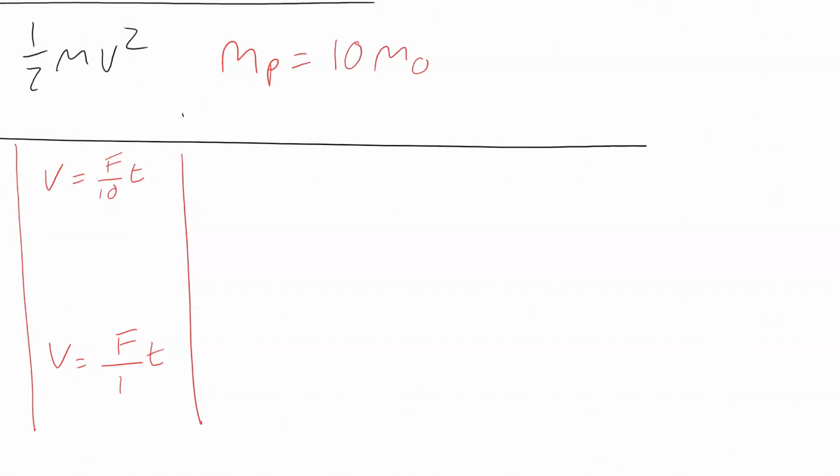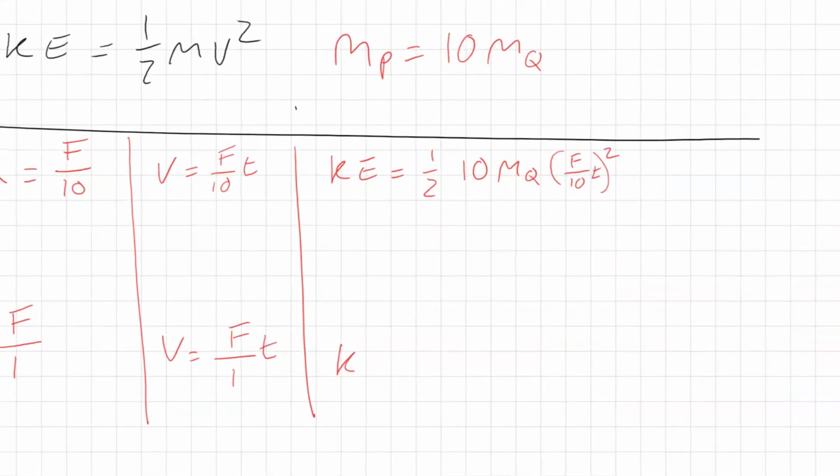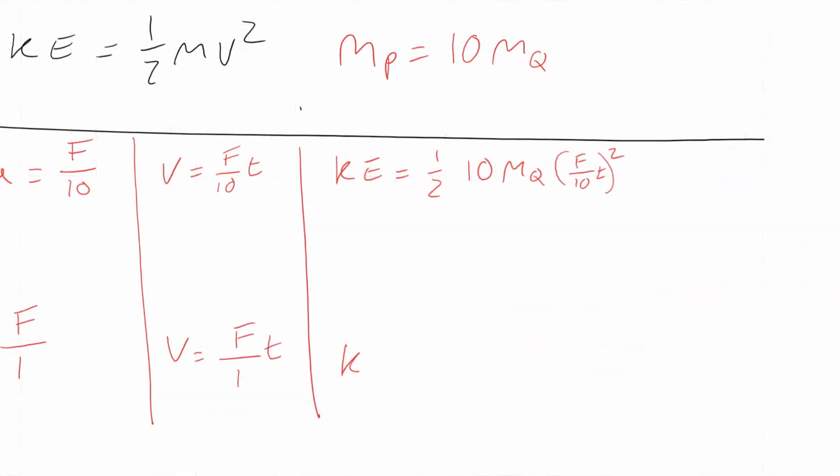the fact that we know that mP is 10mQ, so that when we're putting this in, we can say that KE equals half mQ times F over 10t all squared. Even though that's object P, rather than having it as mP, I'm going to put it in terms of Q, because then when I do the ratio, the masses will disappear.